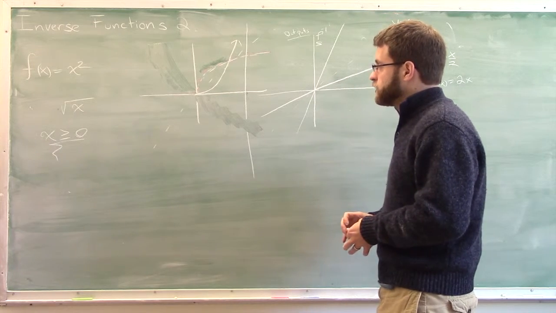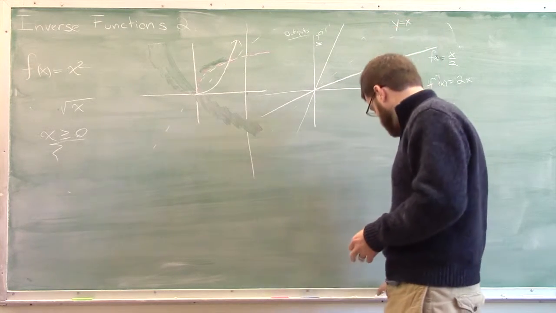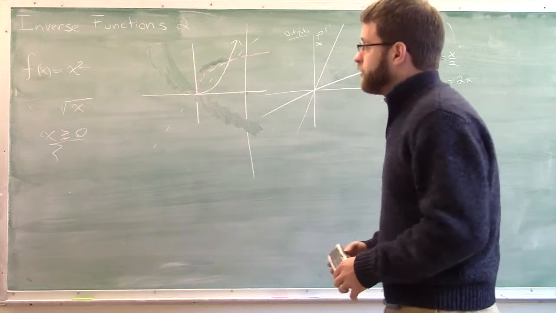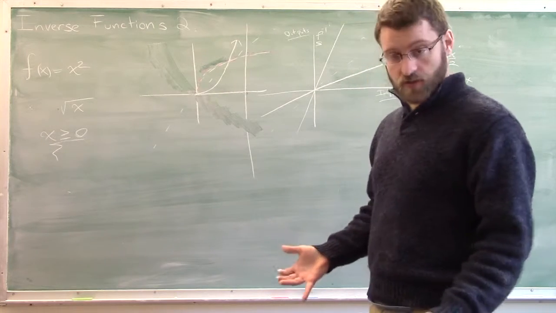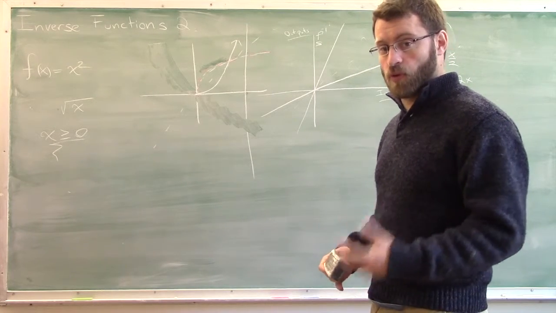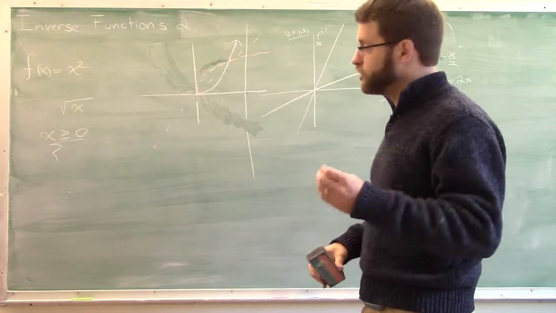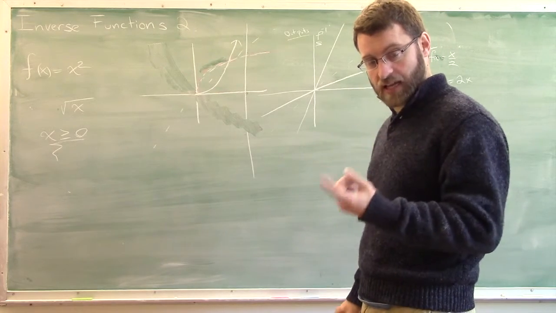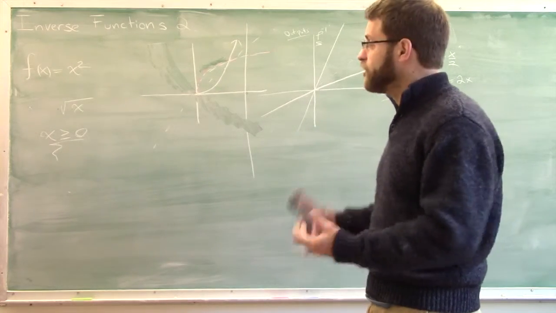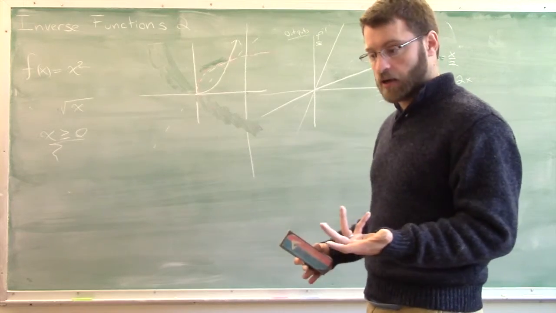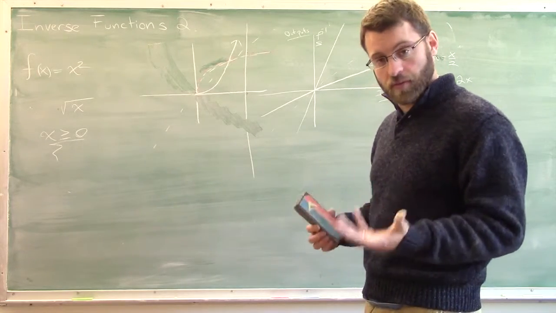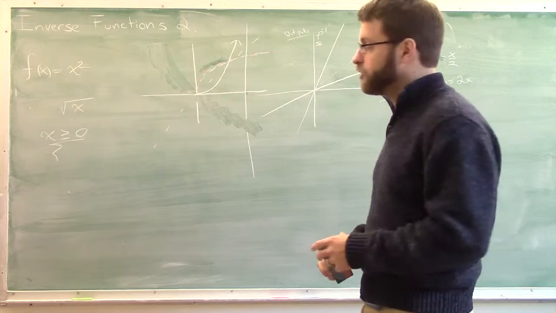This comes into play in general: in order to have an inverse function, a function must be one-to-one. It must only use its output values once. It can't use an output value more than once, or you can't recover any unique information about the input that produced that output.